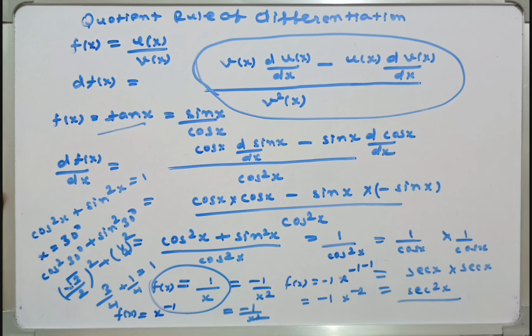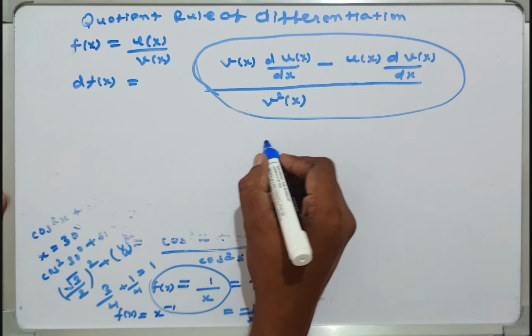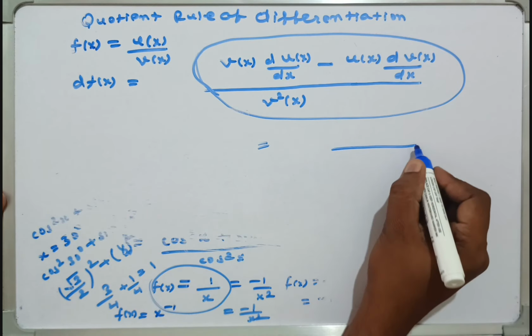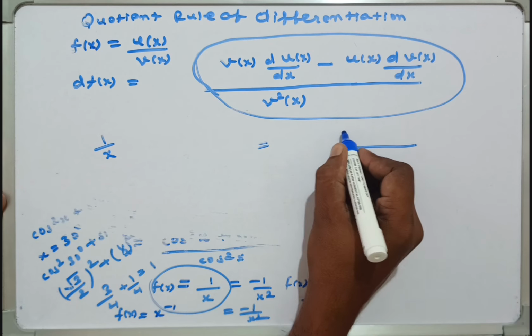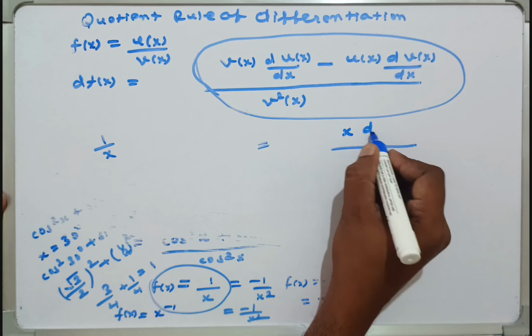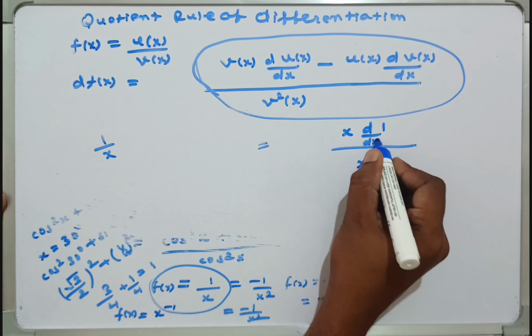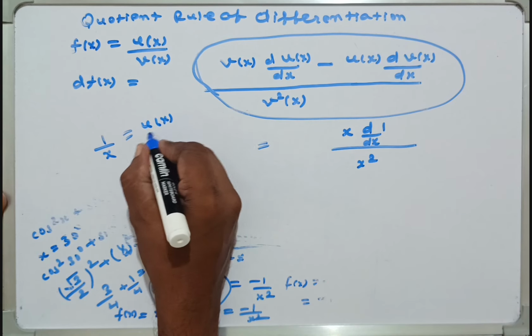Okay, see, applying the derivative to this function by this one. Okay, so in this case guys, here we can write the denominator is x, so x square, then put again here x, take d 1 by dx, because here this is u(x) by v(x).